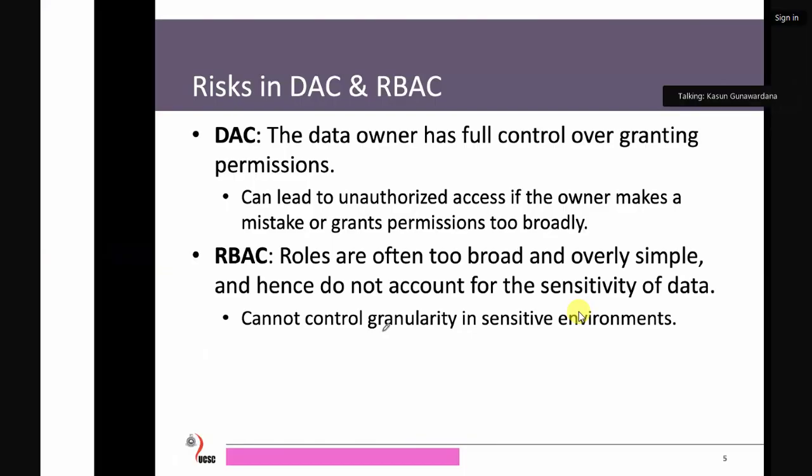So this introduces a security risk because users can either unintentionally or maliciously grant access to others without considering broader security policies. So that is a problem, or maybe a limitation, in discretionary access control.